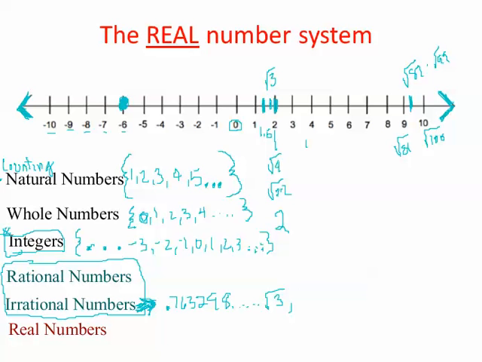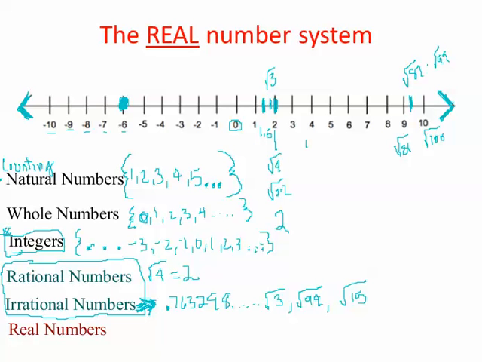Root 3 is irrational. Root 99 is irrational. Root 15 is irrational. But watch this one, root 4 is a rational number because it's really equal to 2. So be careful with the roots that are perfect.